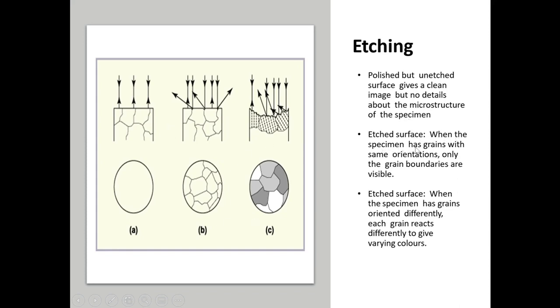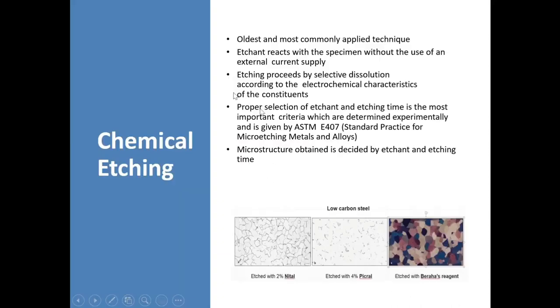When the specimen has grains with the same orientation, only the grain boundaries are visible. But when the specimen has grains oriented differently, each grain reacts differently, so you may observe different colors for different grain orientations.